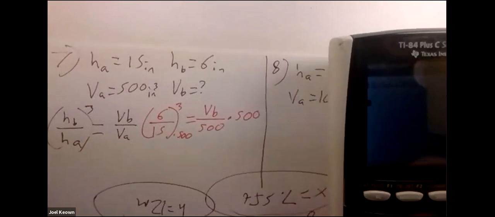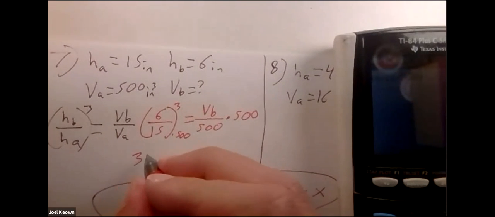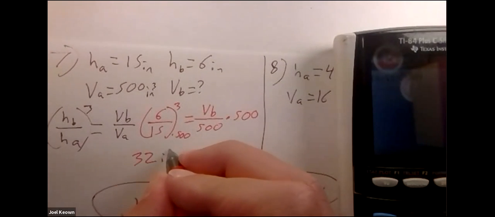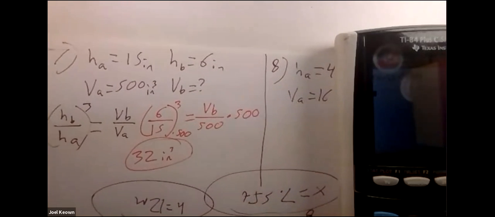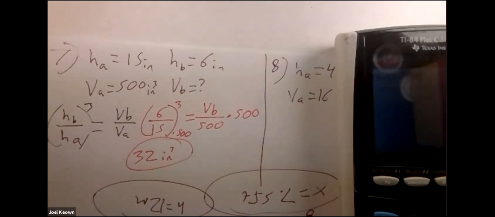And I come up with 32 cubic inches. Okay, so a lot smaller than if I would have treated it like a normal ratio.